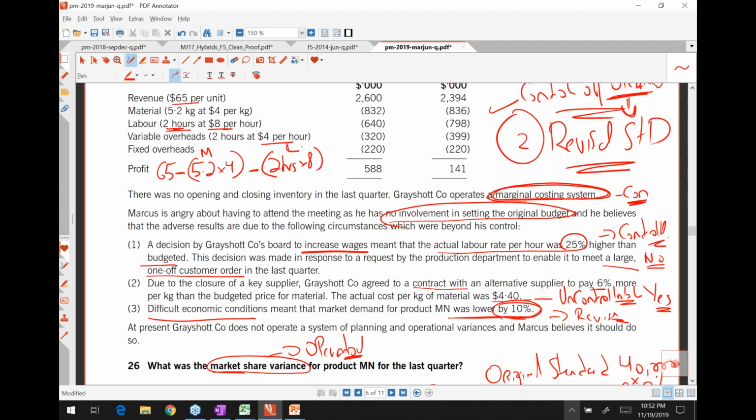Labor cost, okay, minus variable cost, 2 hours into 4 per hour. Only variable, not fixed. Come on, can anyone of you help me out? What is the standard contribution? Revenue minus material minus labor minus variable. So the standard contribution per unit now will be how much, friends? It will be 20.2.